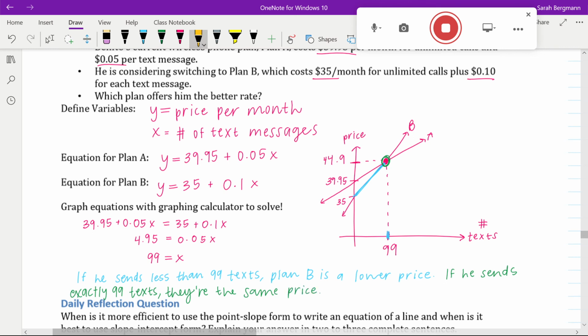If he sends greater than 99 messages, to the right of here, then plan A is a less amount of money.